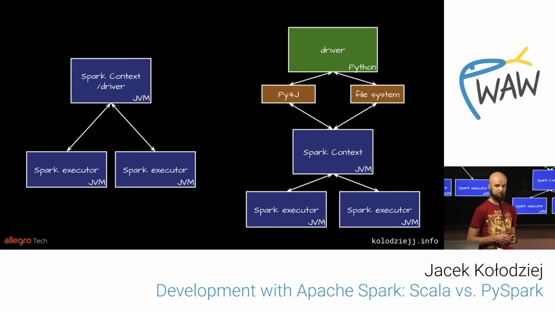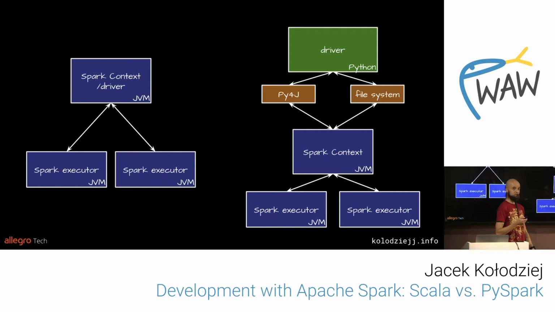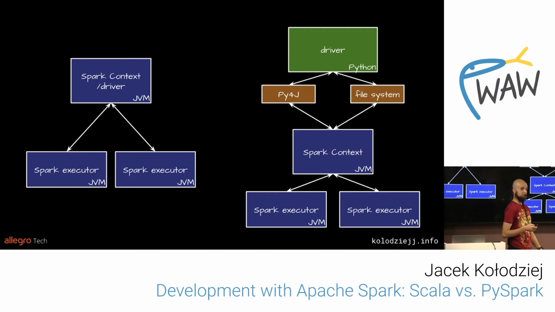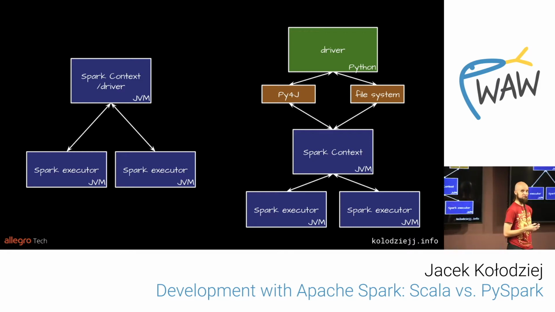And for PySpark, it's a bit, well, more complicated. The communication between Spark context, like this JVM one, this blue one, and between Spark executors stays pretty much the same.